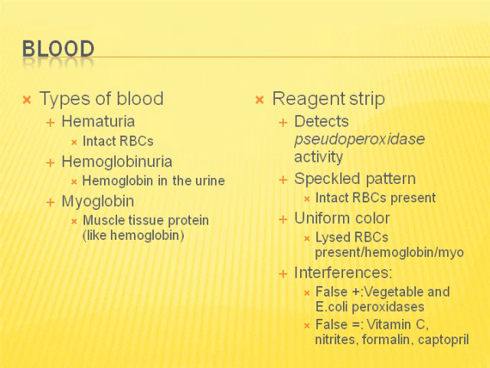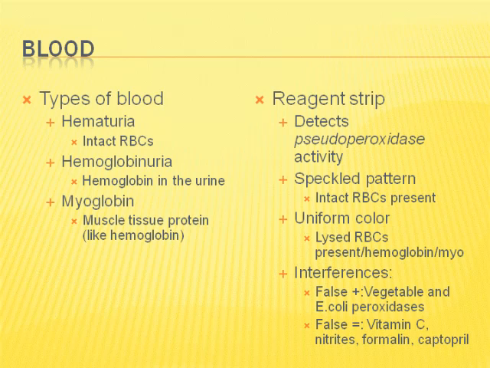False negatives can be due to vitamin C, nitrates, formalin, and captopril, which I believe is a blood pressure medication. But I'm going to look that up right now. Captopril, yes, is a hypertension medication.